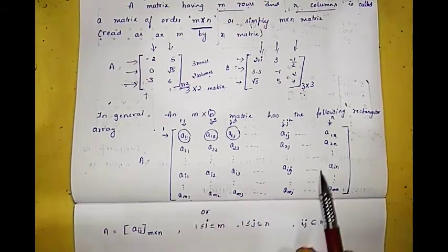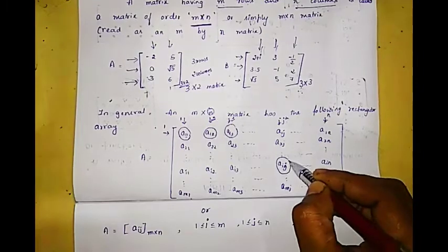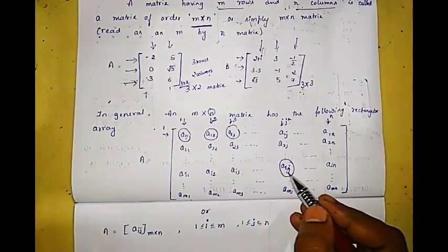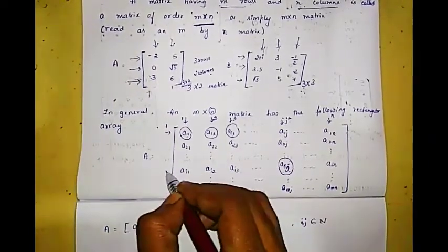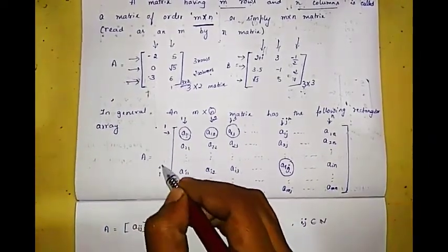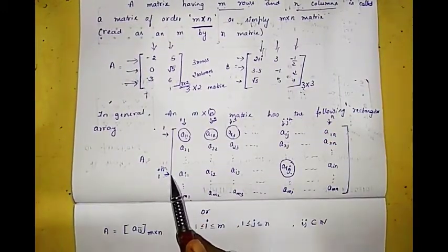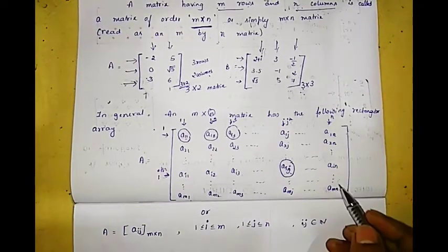Clear? In general, we can say Aij is the element of the matrix A in the ith row, jth column.